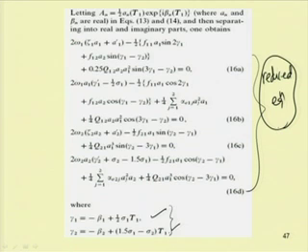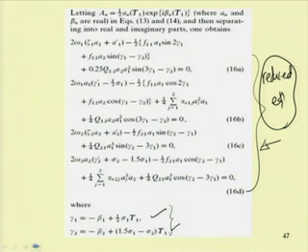For steady state, a 1 dash, gamma 1 dash, a 2 dash and gamma 2 dash will be equal to 0. This leads to a set of nonlinear algebraic equations, which can be solved to find the response of the system.